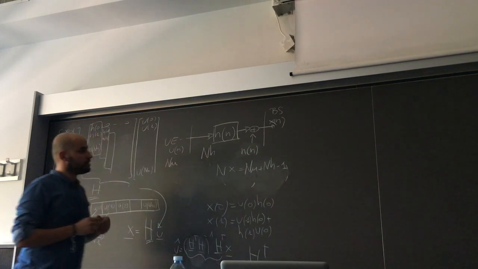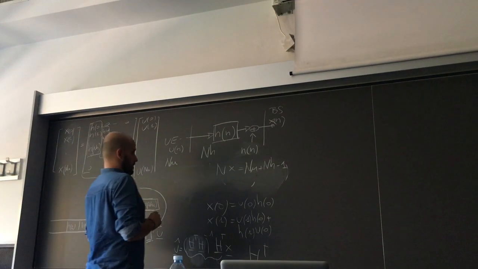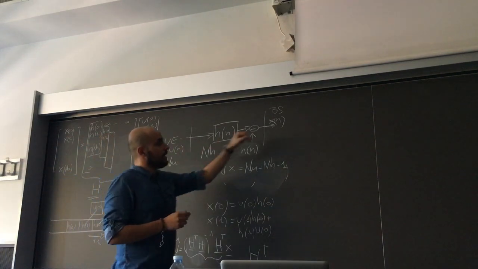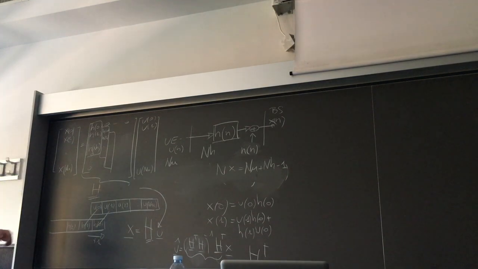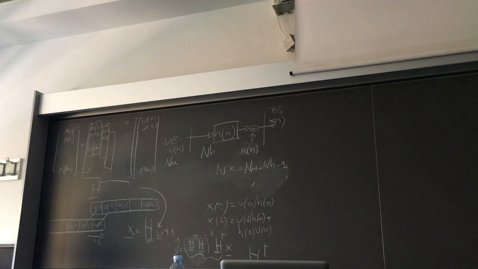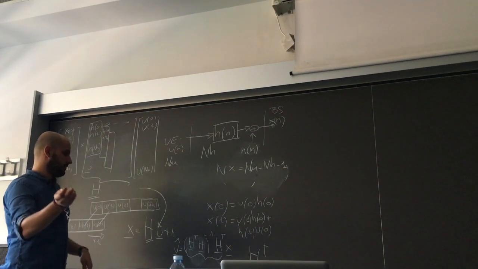So now this is a real communication system where the communication is impaired by this noise. Now you send some signal U, the base station receives some signal X, right? Then you are able to make this computation where there should be some noise here as well. And then you are able to estimate the data that the mobile phone is sending to you, right?